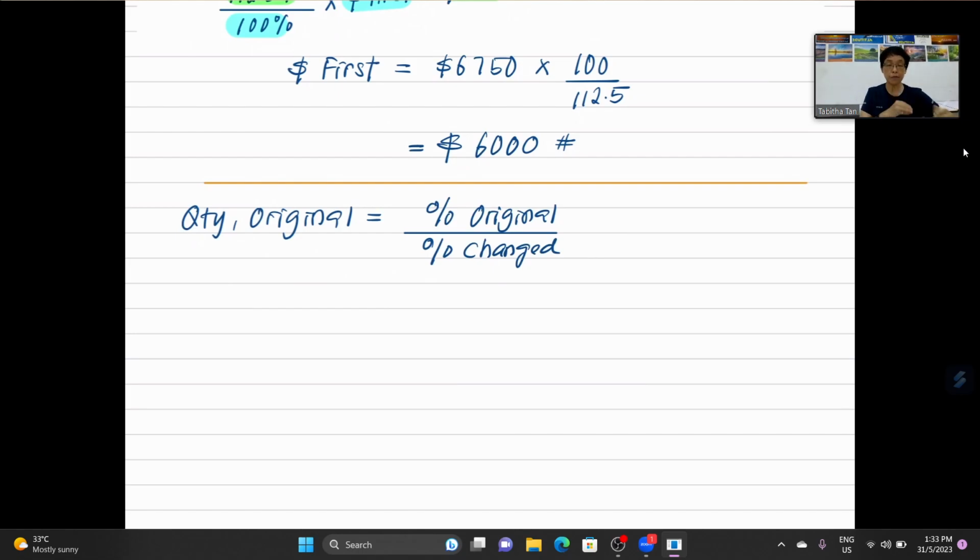So you create a fraction, and then you multiply with the quantity of the change.